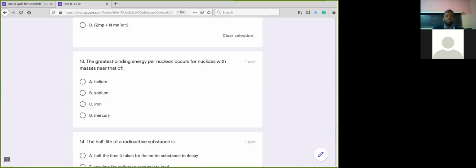Question number 13. The greatest binding energy per nucleon occurs for nuclides with mass near that of A, helium; B, sodium; C, iron; D, mercury. Just check your textbook. There is a plot for the binding energy per nucleon. The greatest binding energy is around what?